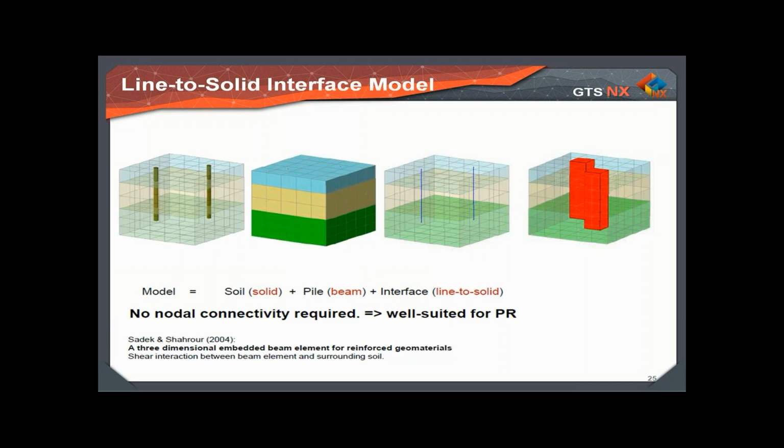The beam elements that represent the pile will be connected to the surrounding soil through a special interface. Actually, two interfaces. One is the line to solid interface for the shaft, which is in itself two parts. One part is connected to the beam. One part, here highlighted in red, is connected to the hosting 3D soil element.